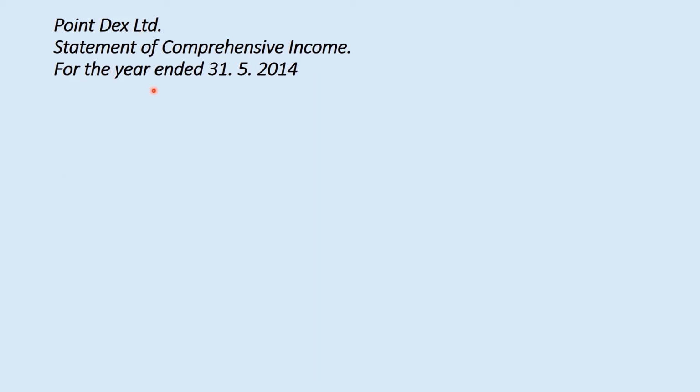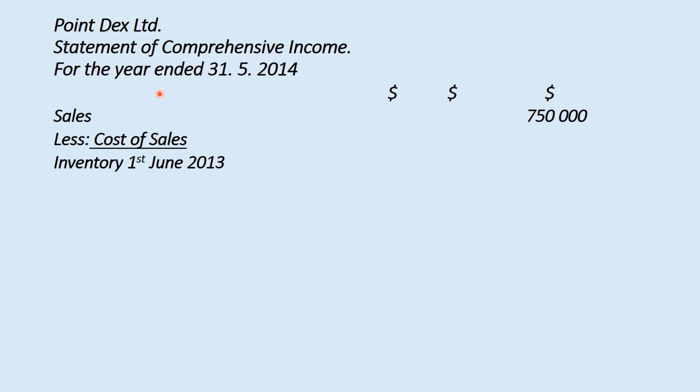Poindex Limited statement of comprehensive income for the year ended 31st of May 2014. We need three columns: sales, and the cost of sales; inventory 1st of June; and the purchases.